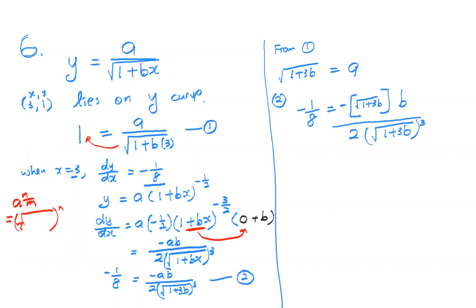So now, you look here. This is cube. This is power 1, correct? So now we can cancel off. This one becomes power 2. Am I right? So now I simplify.